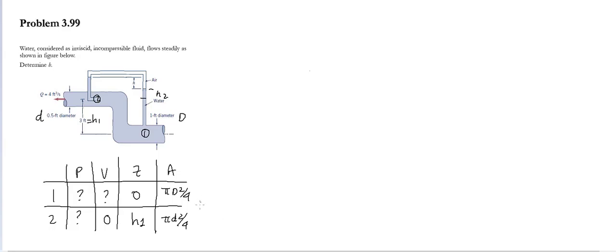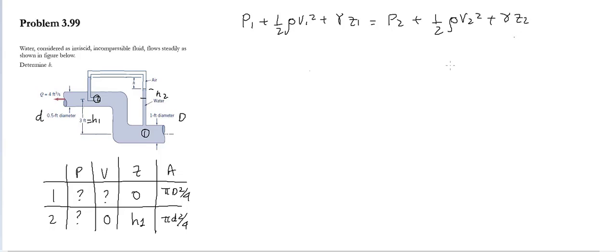Okay, so we're going to start with the Bernoulli equation. Notice that we cannot use continuity because one of the velocities is equal to 0. So we're going to use Bernoulli's. We use Bernoulli's between the 2 points, and we write P1 plus 1/2 rho V1 squared plus gamma Z1 is equal to P2 plus 1/2 rho V2 squared plus gamma Z2.